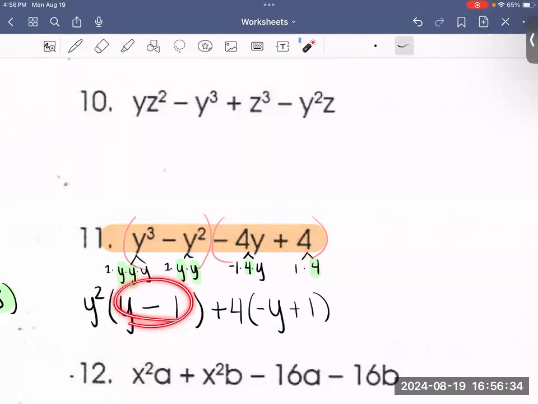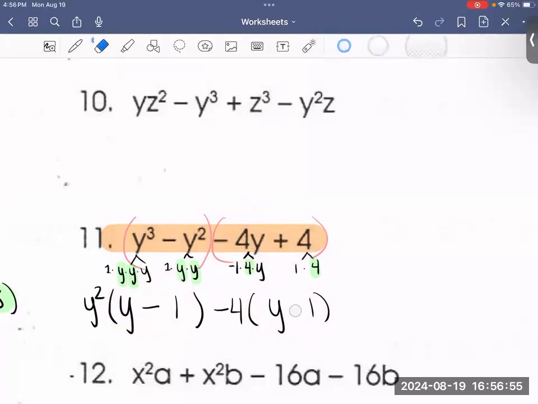Now notice, are these parentheses the exact same? No, but they are very close. It's just our sign that's a little different. So typically, if your leading term on this second one is negative, we want to factor it out along with what your GCF is.